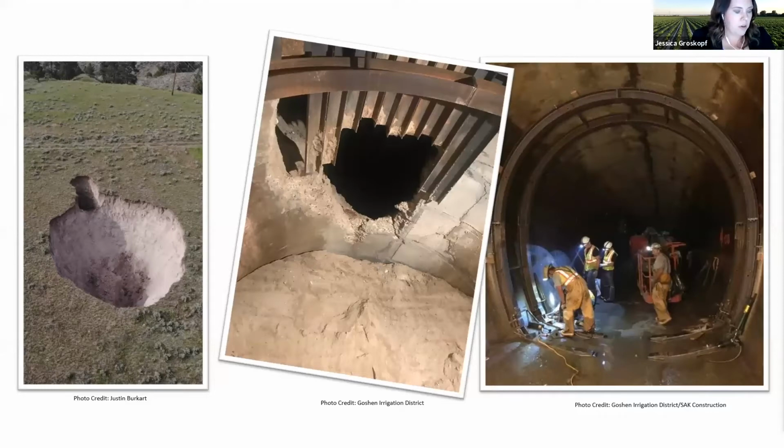This tunnel actually lays in Wyoming. And again, it services 107,000 acres of farm ground in Wyoming and then into Nebraska. Just to give you an idea of how big that hole is, it's about 100 foot wide and approximately 50 foot deep in that first picture. The center picture is of the actual hole in the tunnel itself.